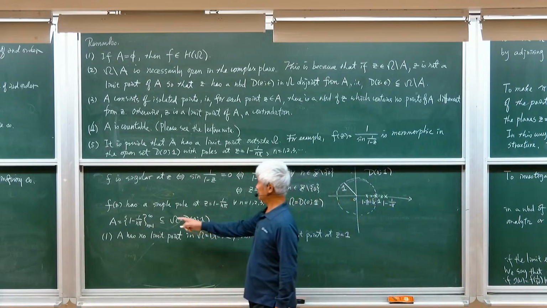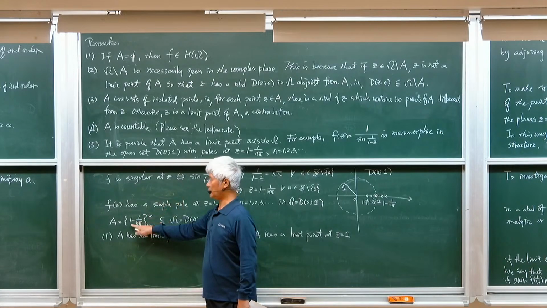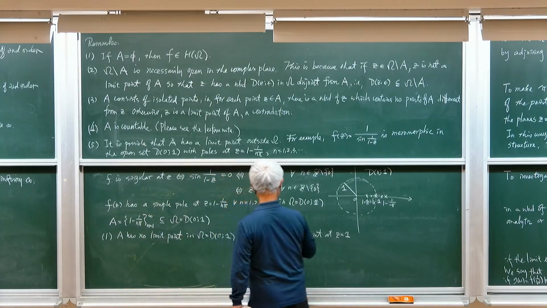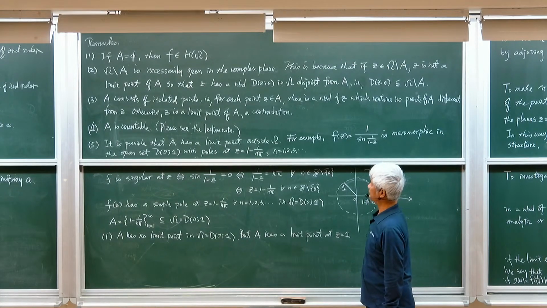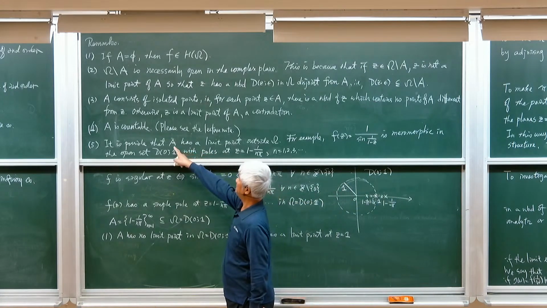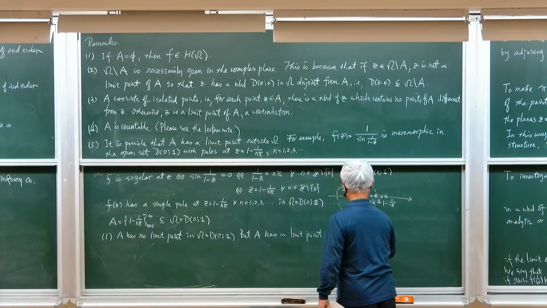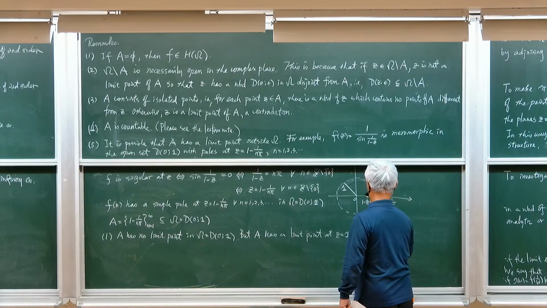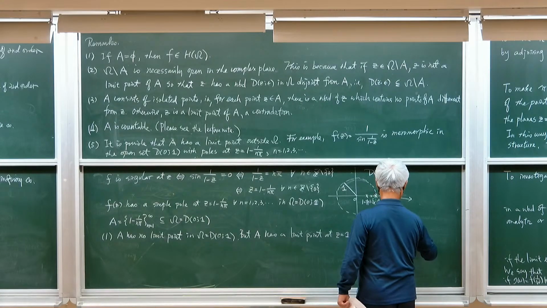Because you can see that as n goes bigger and bigger, it's approaching 1. So this set has a limit point at z equal to 1. So A has a limit point outside of omega.